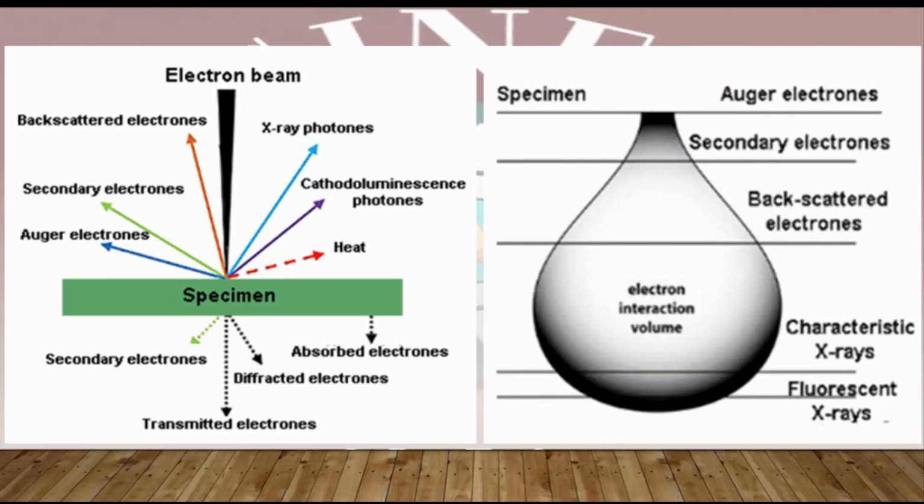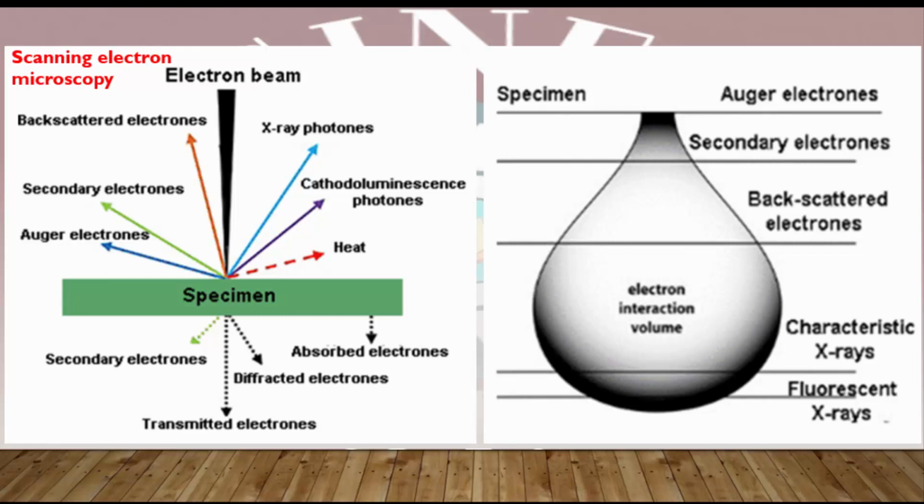Various electrons generated from the specimen can be generated from different depths of the specimen. This figure shows that Auger electrons are mostly generated from the surface material. Secondary electrons are coming from a little bit deeper, and the backscattered electrons are coming from much deeper in the specimen.